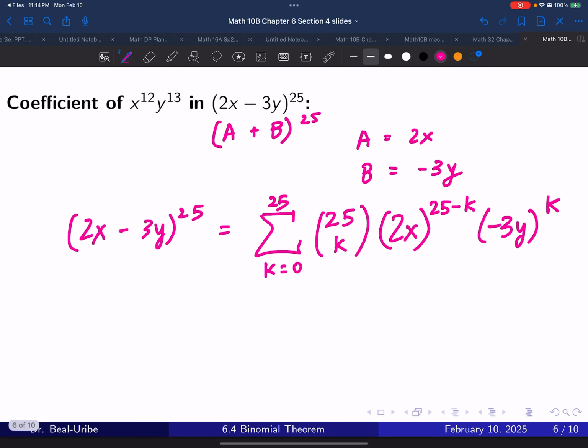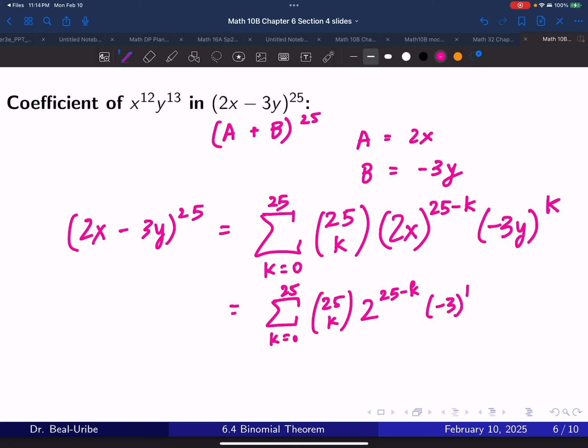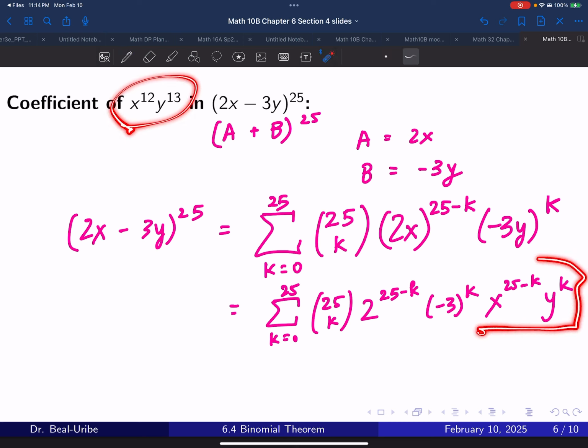So now, when I expand this, I'll have 25 choose k, 2 to the 25 minus k, and I'll have a negative 3 to the k, and then x to the 25 minus k, and y to the k. And now, for x to the 12, y to the 13, k is equal to 13.